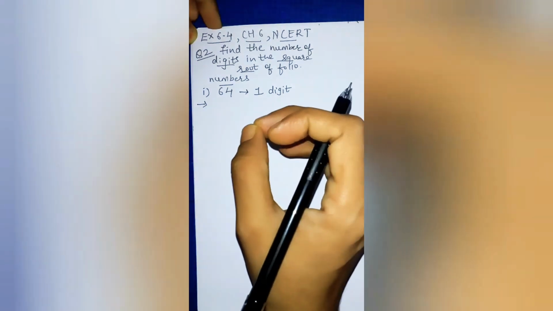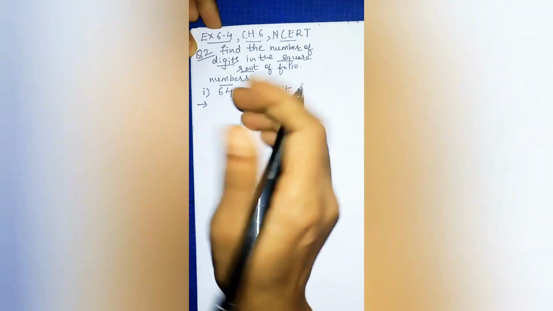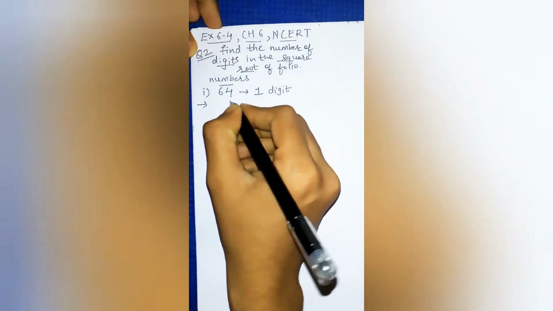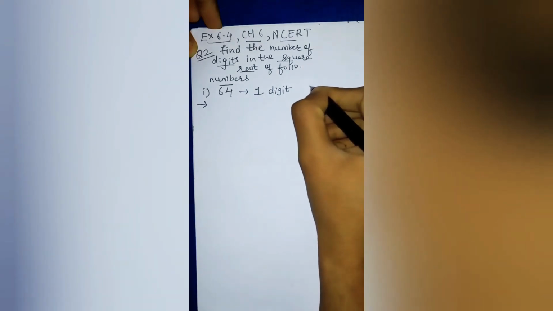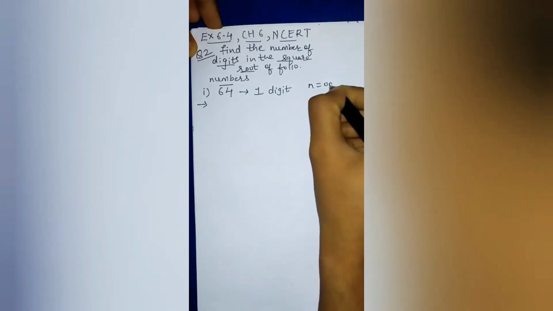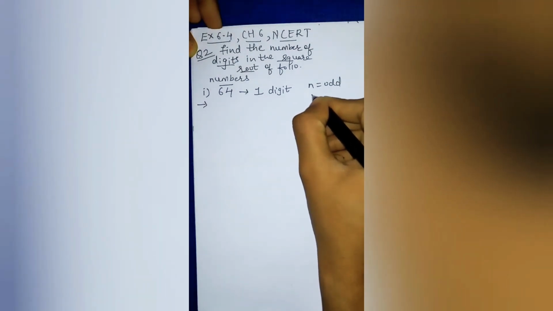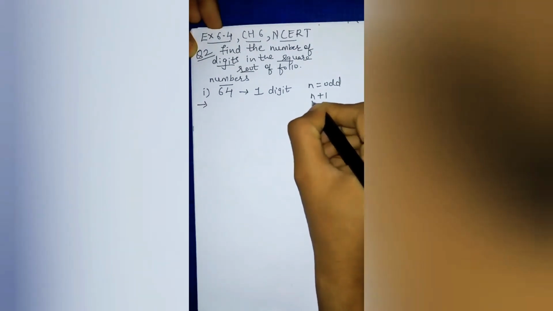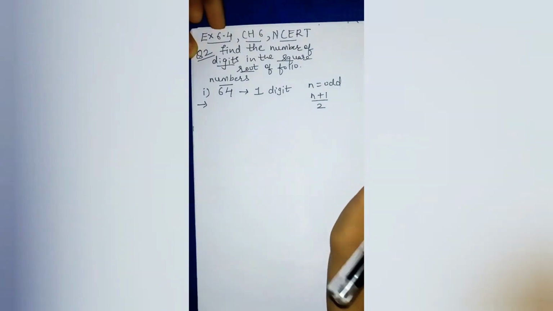Now the second method is, you have to see whether the number of digits is odd or even. I'll show you the method on the side. If the number of digits is odd, then the formula for finding the digits is n plus 1 upon 2.